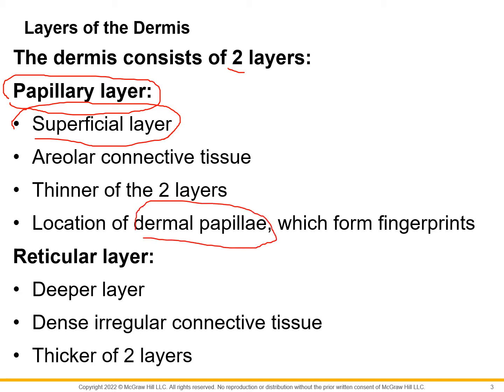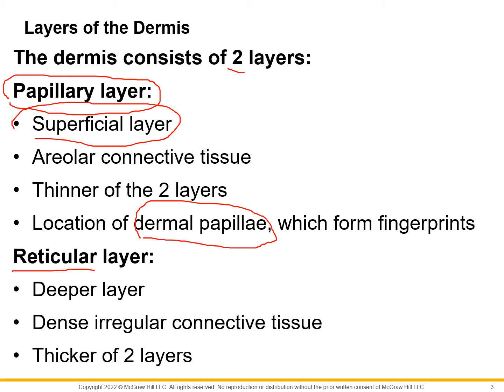And that's why it is called the papillary layer. It's not a very deep layer. I probably would even say it's a tenth of the entire dermis. Maybe it's a little more than that, but not much. So it's a very small layer at the very top part of it, the superficial layer.